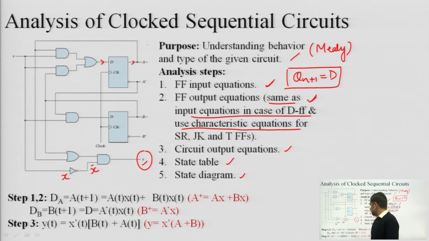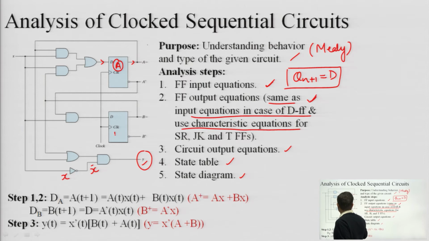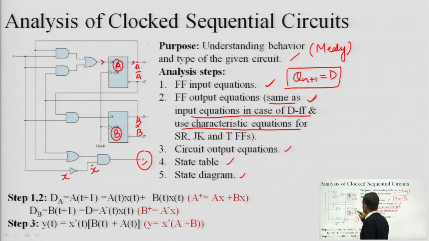Okay, so let's start analyzing the circuit. In this we can check that there is a flip-flop A and there is a flip-flop B. The output of flip-flop A is termed as A, and we have A and A complement. Similarly this is B and B complement.